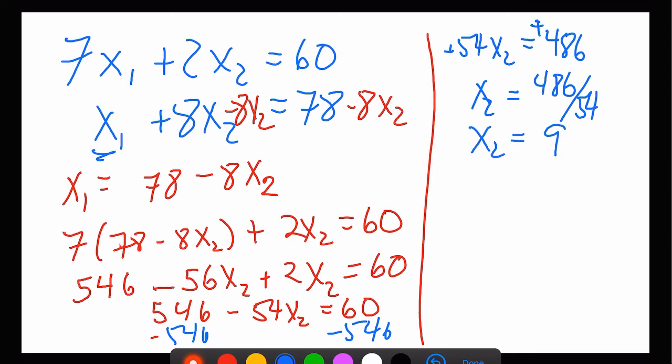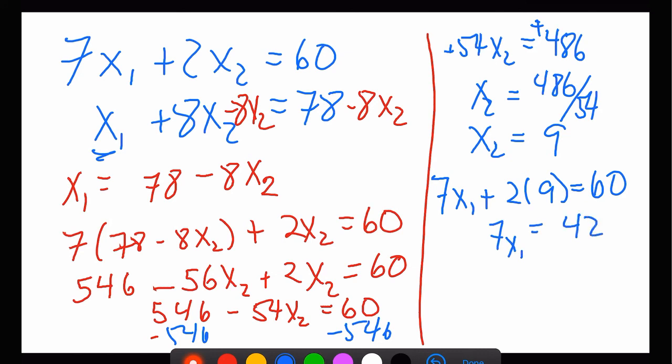If x2 is 9, what's x1? Well, 7x1 plus 2 times 9 equals 60. 7x1 equals 42. x1 equals 6, right? We subtract 18 from both sides.